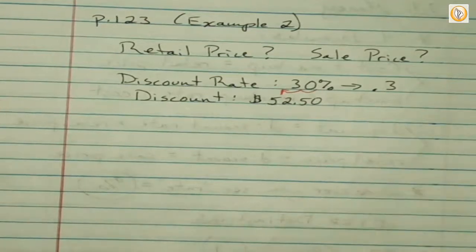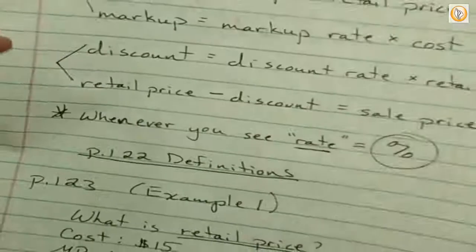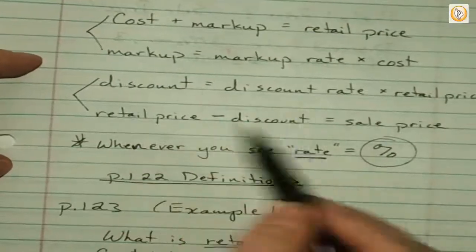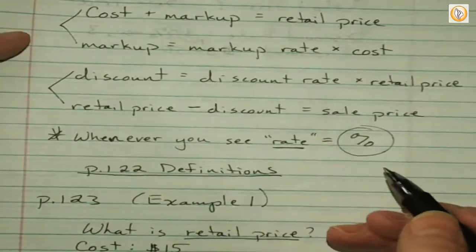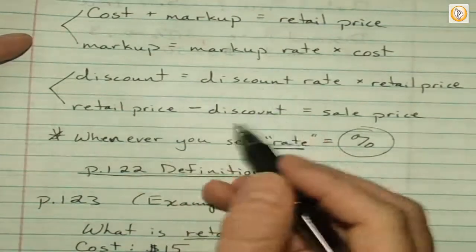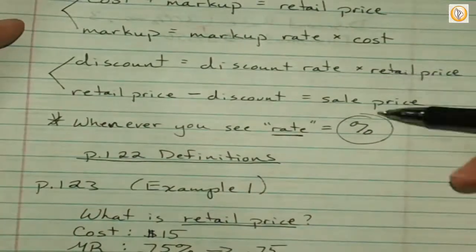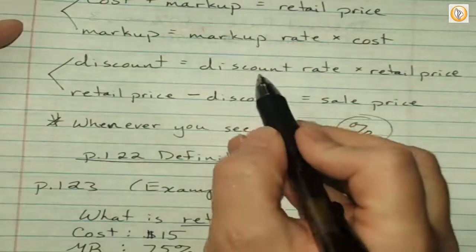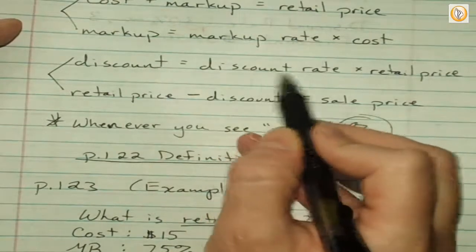All right, so we're looking for these two things. So we look at our two formulas. And which one do we have enough information to use? First, Aiden, this one or this one? The first one. Yeah, they gave us the discount and they gave us a discount rate.